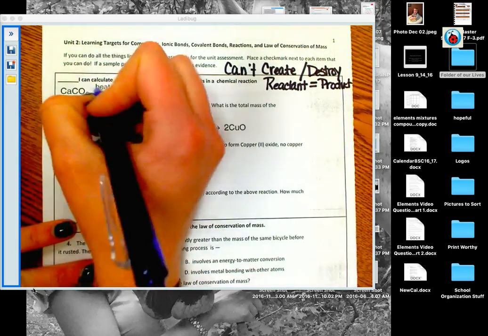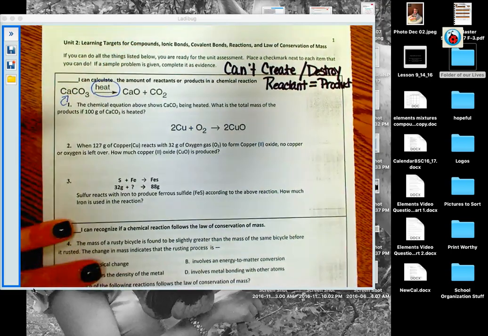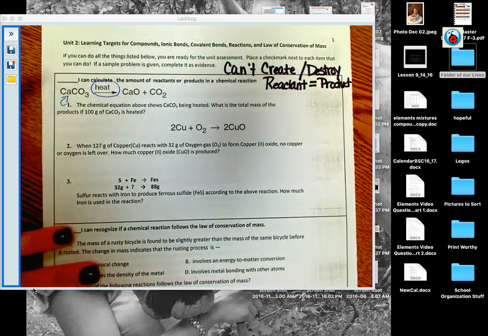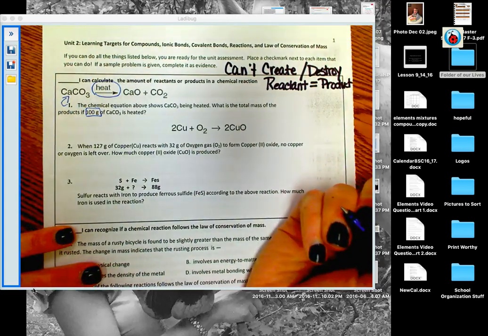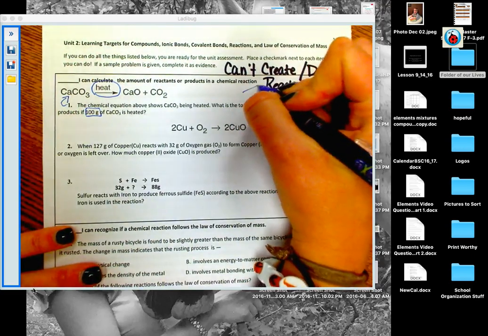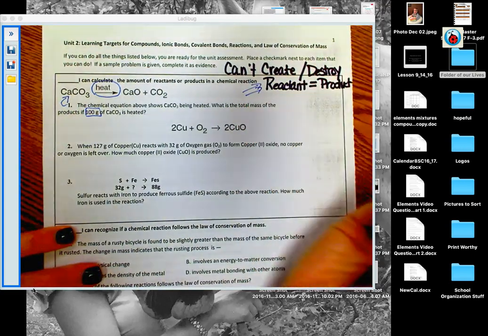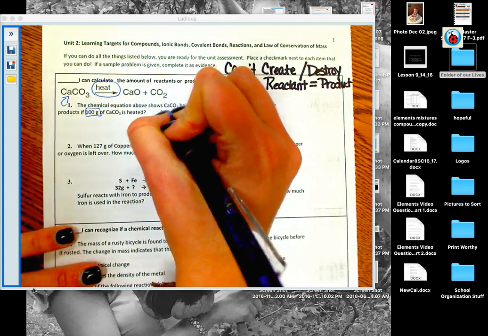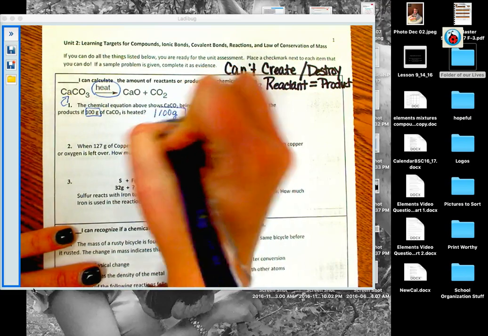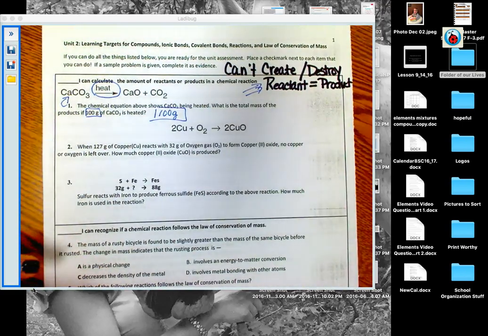That's what's letting you know right here. This is being heated. What's the total mass of the products if 100 grams is heated? Well, what did you start out with? You started out with 100 grams. Well, if you can't create it and you can't destroy it, then you have to end up with how many grams left over? 100 grams. So here's your final answer. It really is that simple.